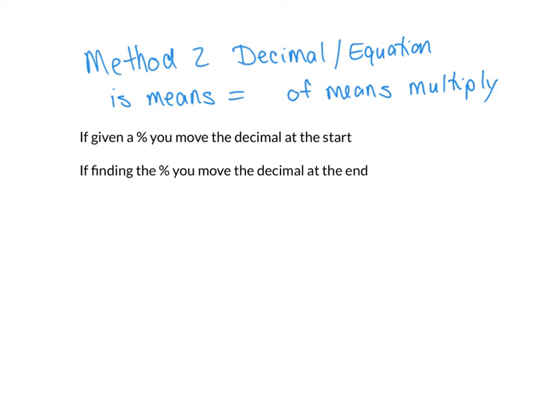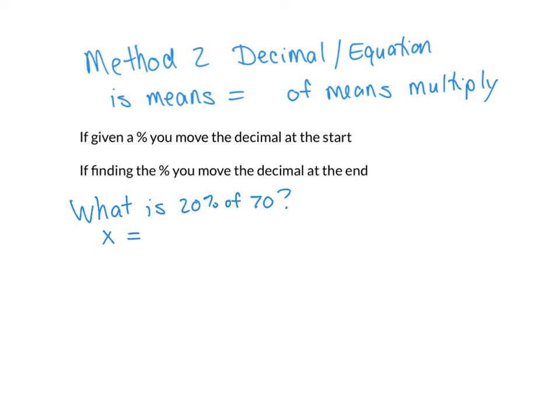So a few examples of these ones. What is 20% of 70? So I'm going to say what, that's my variable, is means equal. Now 20%, I need to turn that into a decimal.